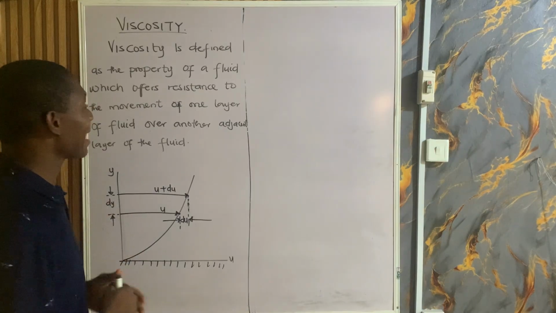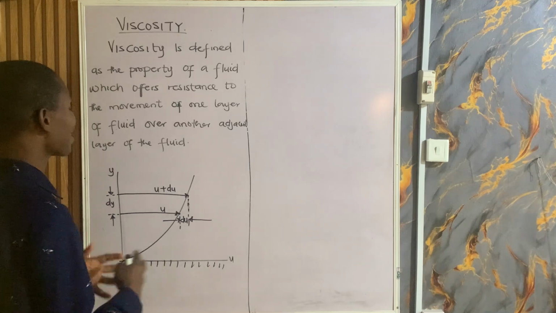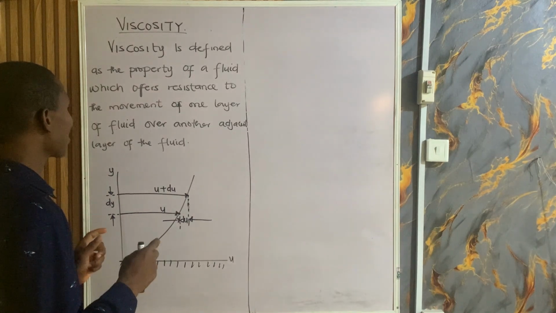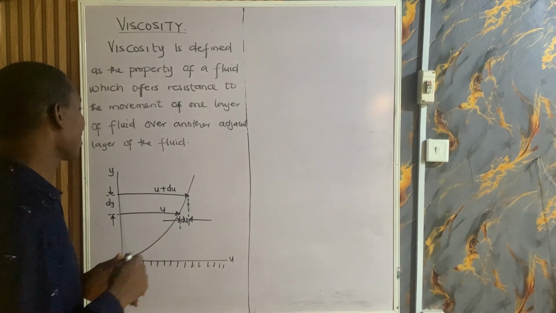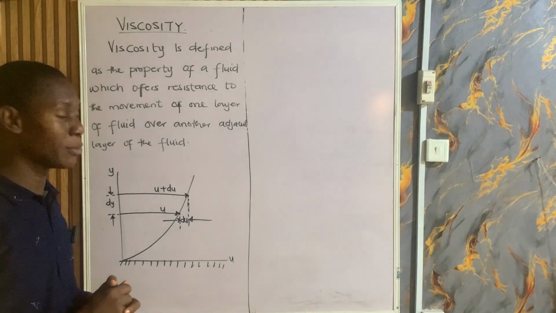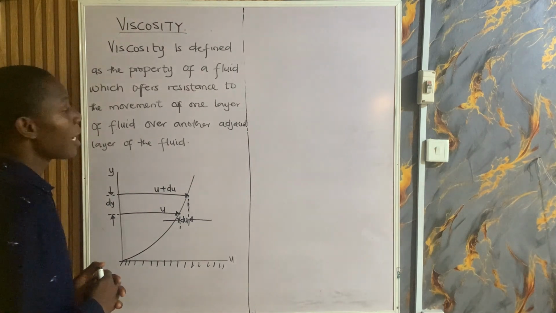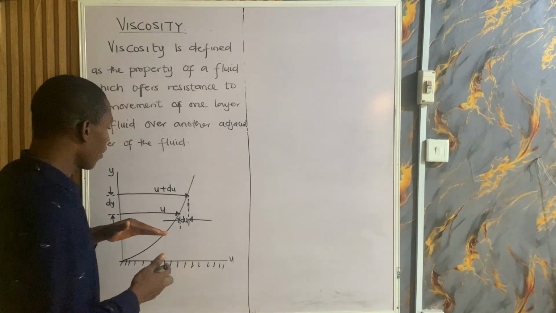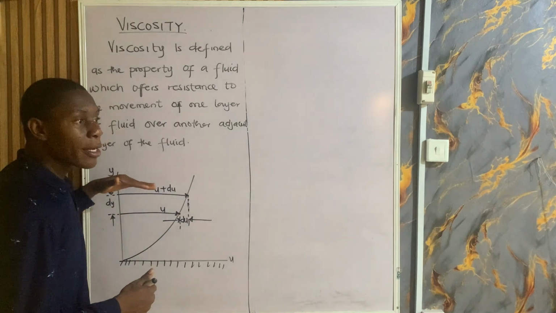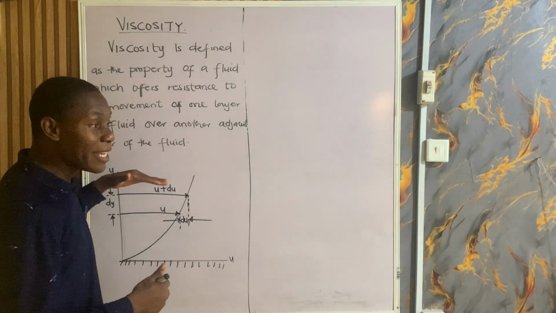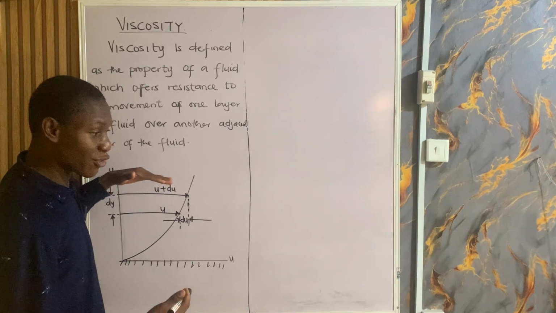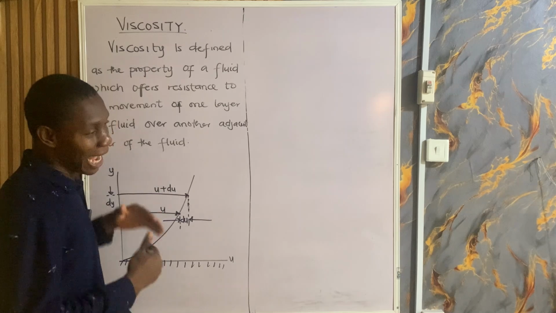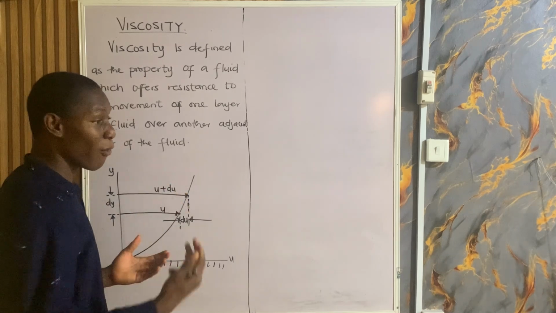Viscosity is defined as the property of a fluid which offers resistance to the movement of one layer of fluid over another adjacent layer of the fluid. You see, as fluid flows, any layer causes shear stress on the layer adjacent to it, either above or beneath it.